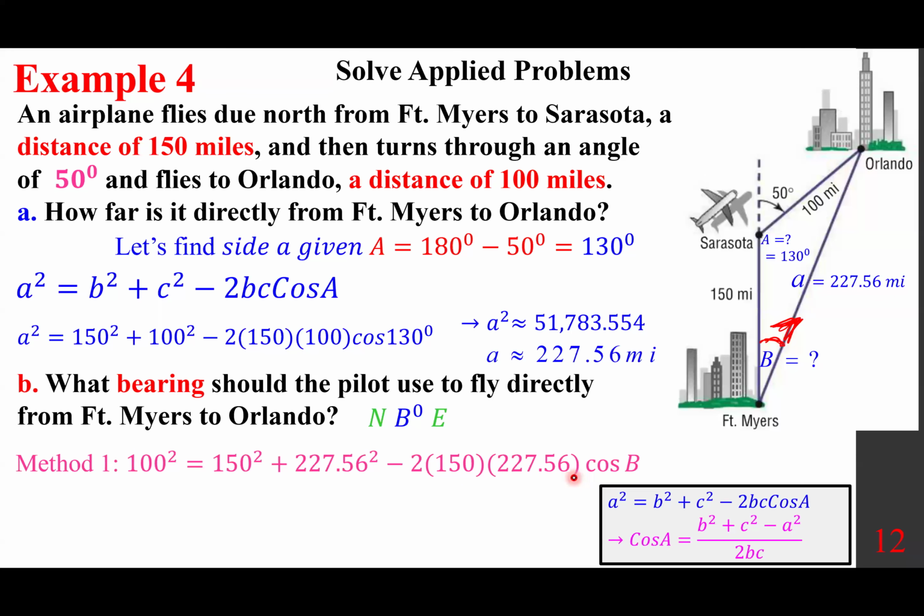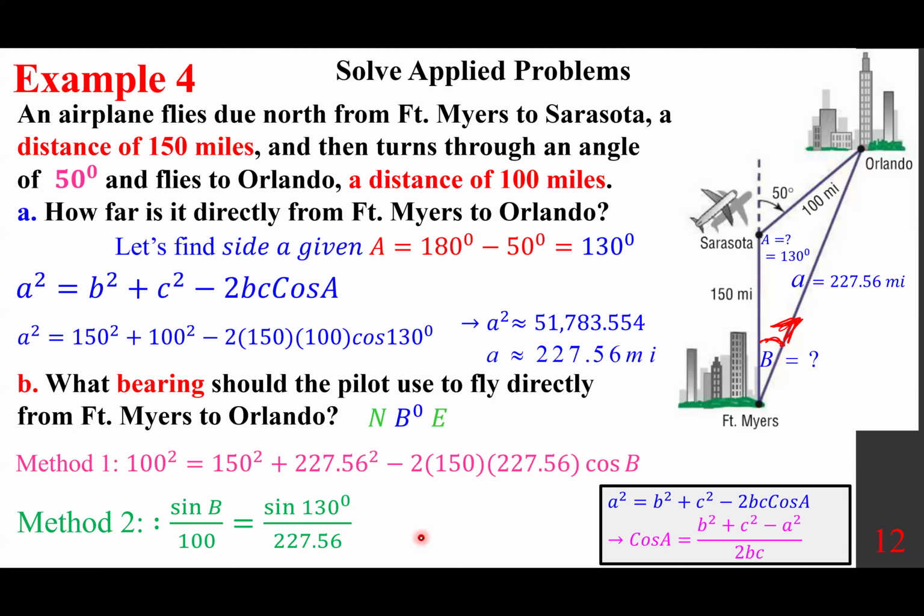The second method is the sine law. Sine B over 100 is sine of 130 degrees over 227.56. If you do the cross product, sine B becomes 100 sine of 130 over 227.56.